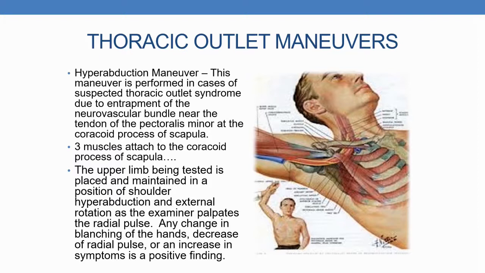Meanwhile, you palpate for any changes in the radial pulse, which would indicate compression of the subclavian artery as it passes underneath the pectoralis minor muscle. So a positive finding for the hyperabduction maneuver would include any change in blanching of the hands, decrease of radial pulse, or an increase of radiating upper extremity symptoms. All would be considered positive findings for compression at the pectoralis minor muscle.